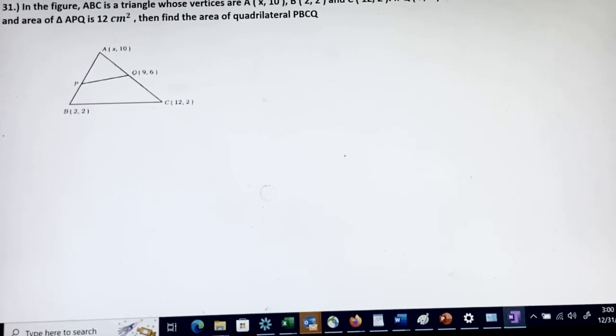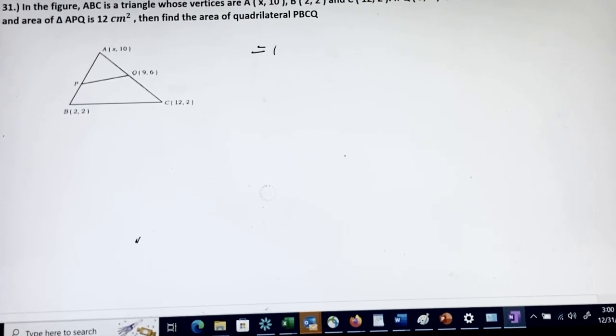If Q of 9 comma 6 is the midpoint of AC and area of triangle APQ is 12 centimeters square, find the area of quadrilateral PBCQ. Okay, so first we need to find what data they have given. So I'll just write what they have given.